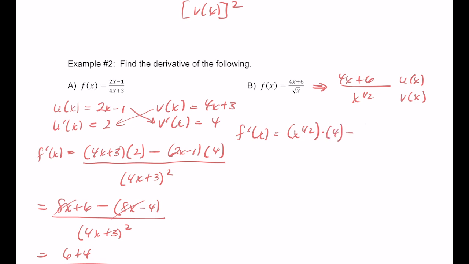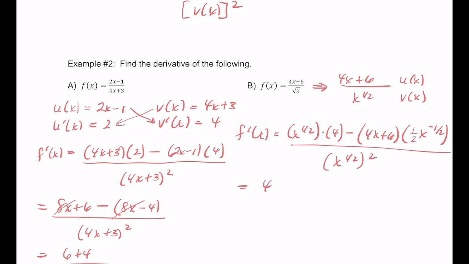And then minus u of x times v prime of x, and that's the 1/2 x to the negative 1/2. And then all over v of x squared.